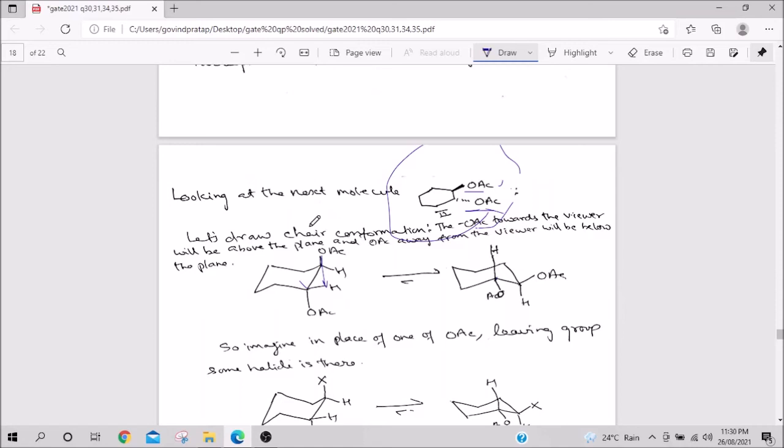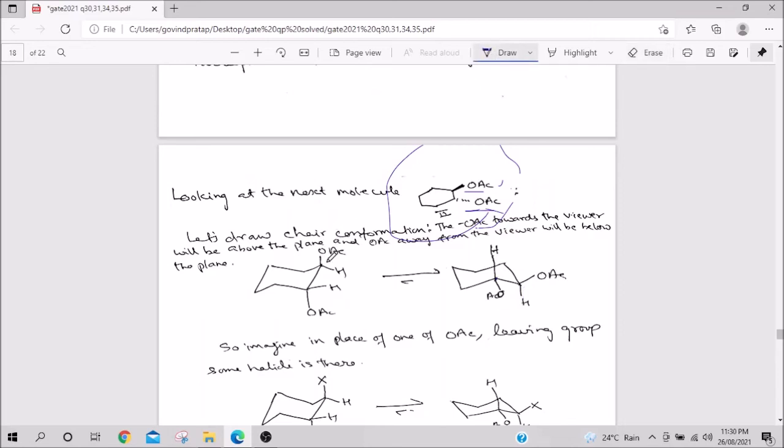Now what happens is, when you flip, the axial becomes equatorial, and this axial also becomes equatorial, right? And this equatorial became axial, and this equatorial again became axial. So now here what was happening, both OTs was above the plane.